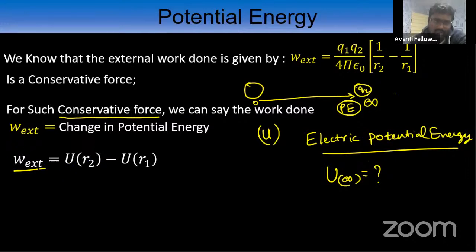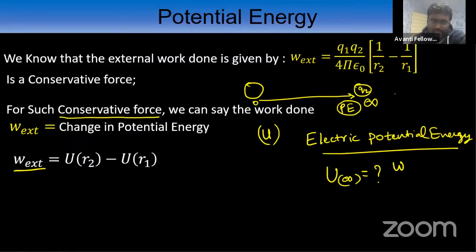If the external work done is nothing but the potential energy, so if I apply this W external formula for infinity, say I consider R1 equals infinity, what would I get? Consider I have only one charge. Yes, correct, Krish, Bhargav, Sayed.